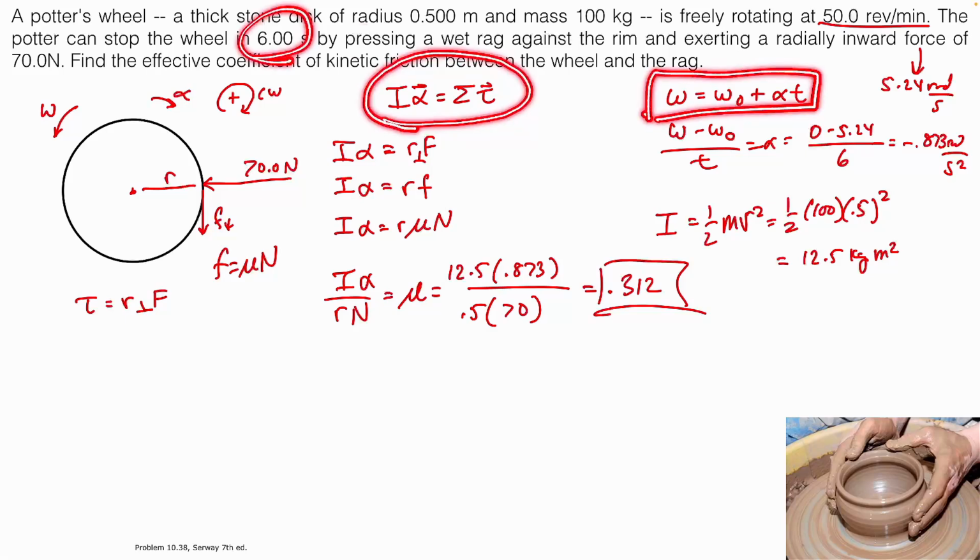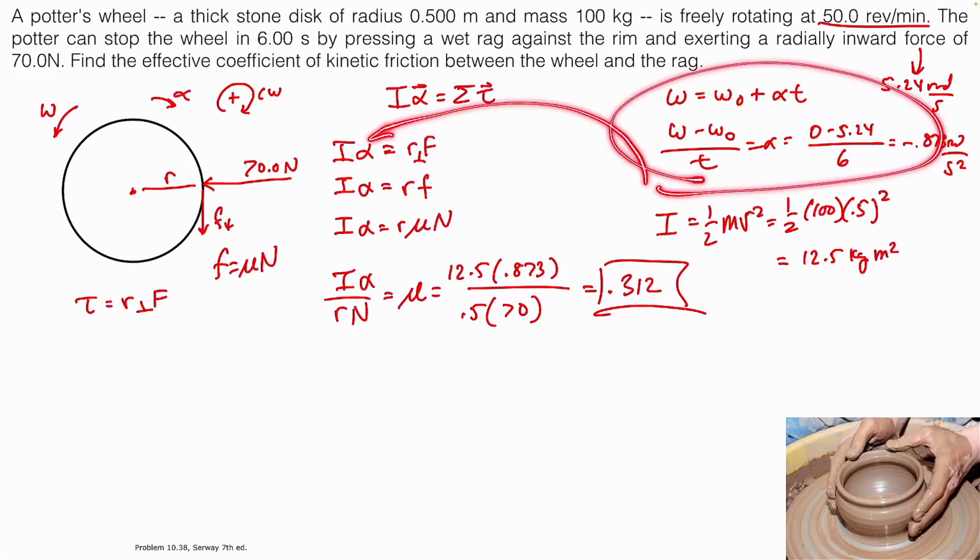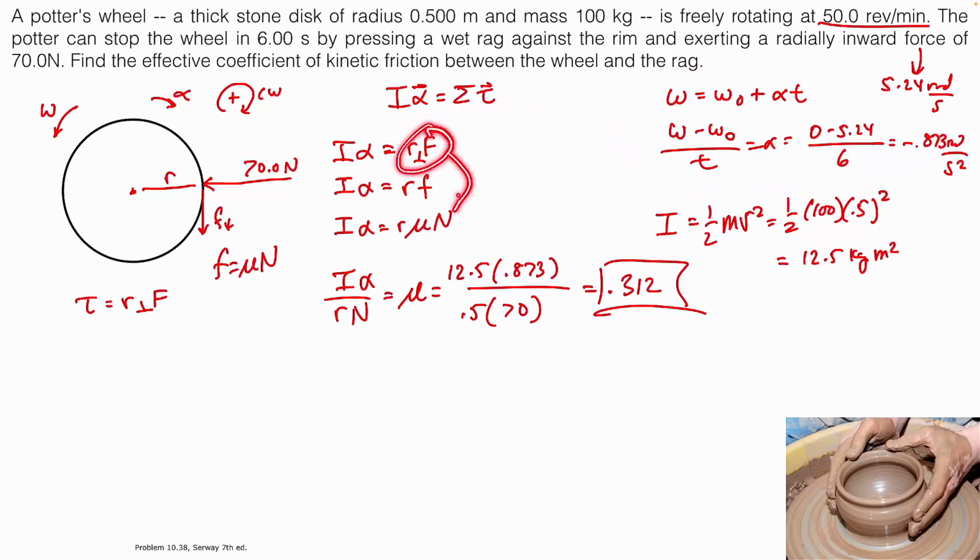Then I needed my moment of inertia, my alpha, and my torque, so I went looking for all of those pieces. My moment of inertia came from the table. My alpha came from kinematics. And then this torque part I just put together, remembering how fun things were in chapters 5 and 6. It really is a coming together of a lot of different things that we've done so far.